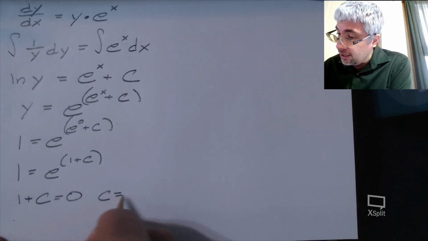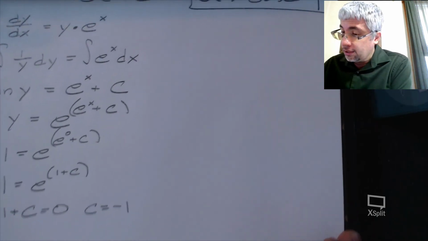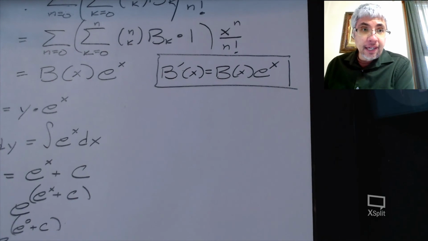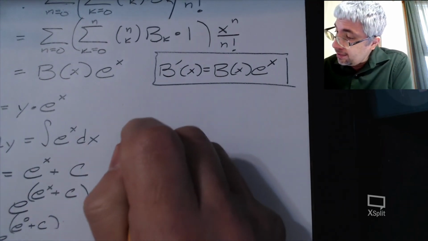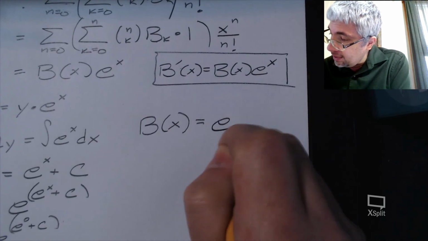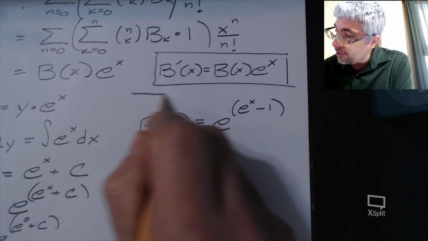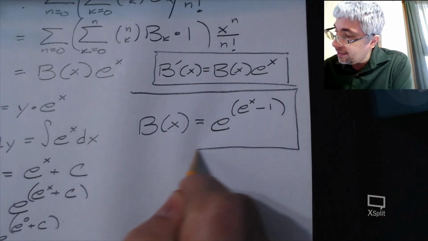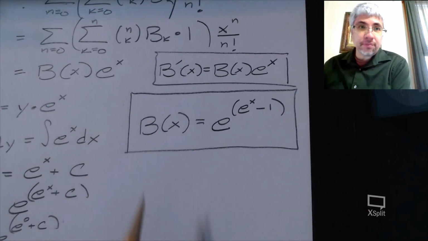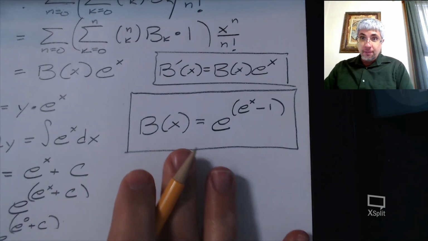So I get c equals minus 1. So I'm going to have now that b of x is going to be e to the (e to the x minus 1). And that is my exponential generating function for the Bell numbers.